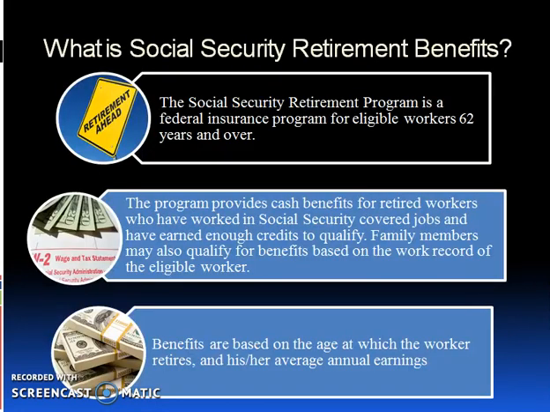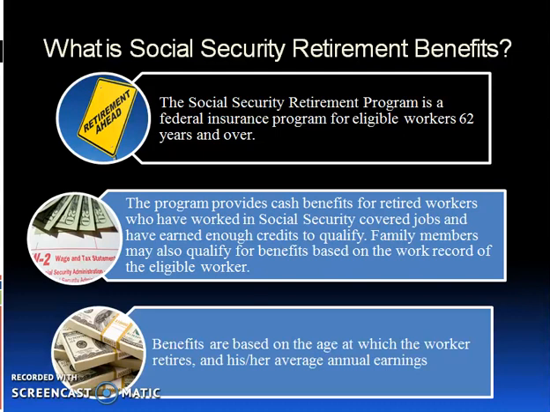All right, so what is Social Security retirement benefits? It is a federal insurance program for eligible workers that are 62 years of age or older. Right, so you can choose to receive benefits as early as age 62, but you'll get a reduced amount.